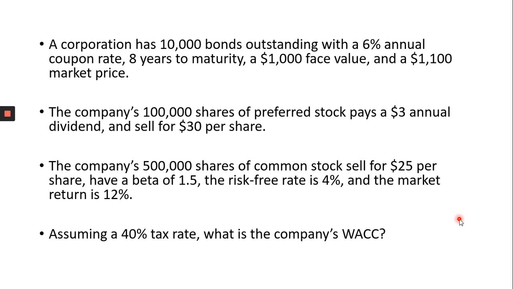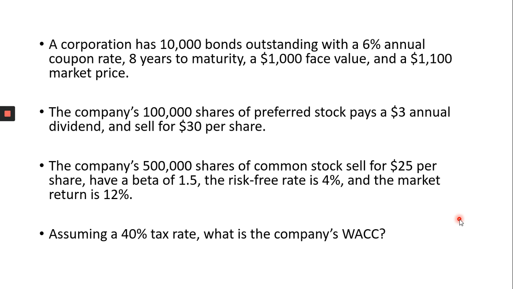The company's 500,000 shares of common stock sell for $25 per share, and the stock has a beta of 1.5. The risk-free rate is 4%, and the market return is 12%. Assuming a 40% tax rate, what is the company's WACC?